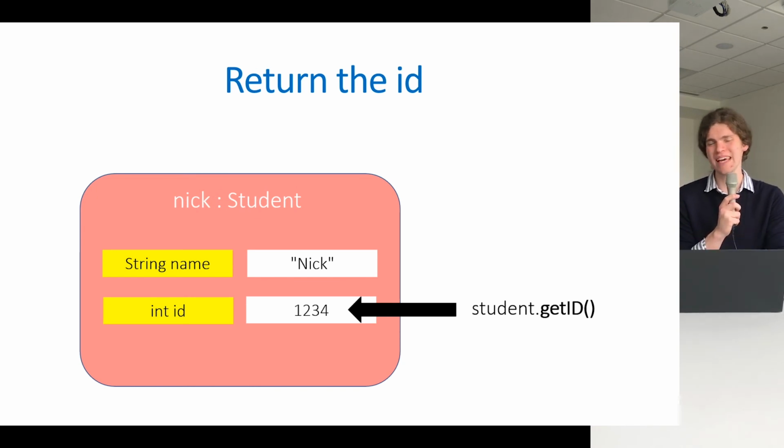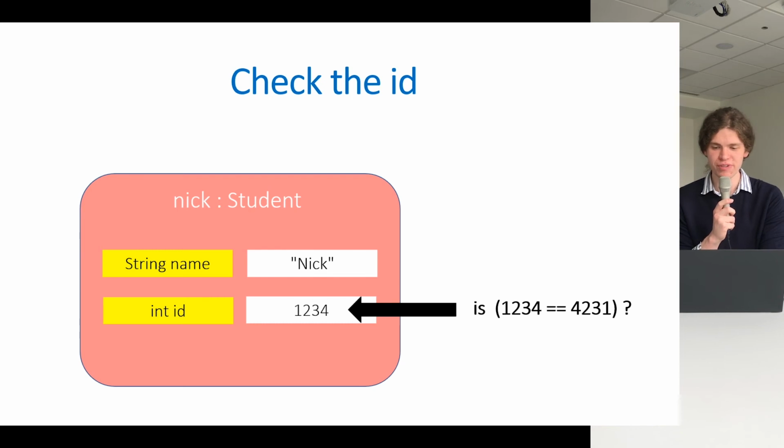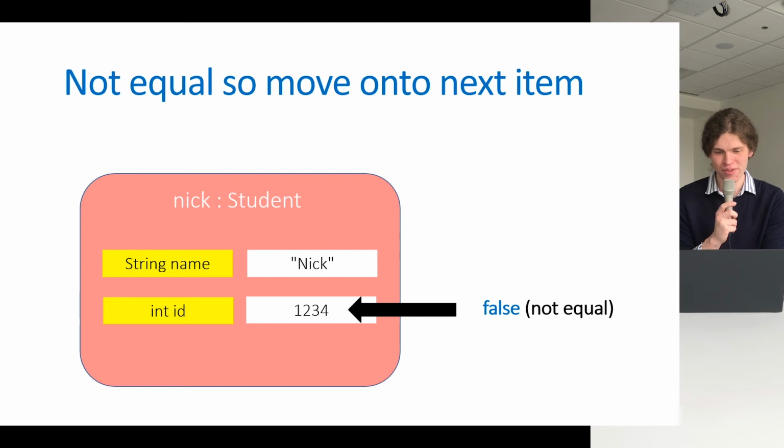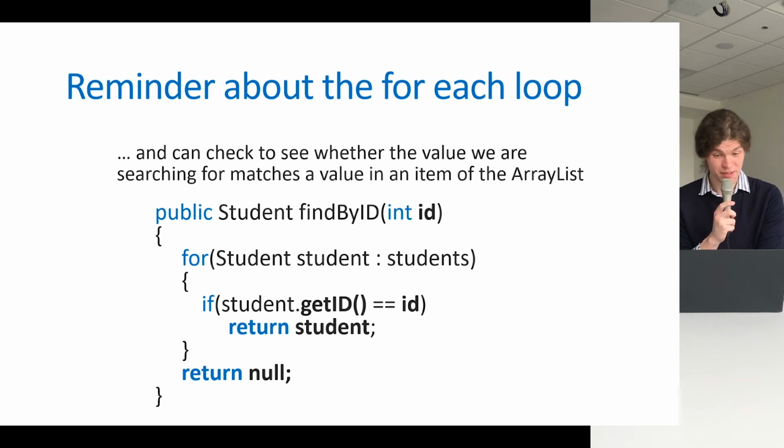If I call the getID method of this object, student.getID, that returns 1234, and then I compare that with the one that I'm looking for, which is 4231. So are those two the same? No, they're not. So that's false, not equal. So therefore I don't return the student object, and I move on to the next item. So again, just a reminder about the code, that's what we're doing.